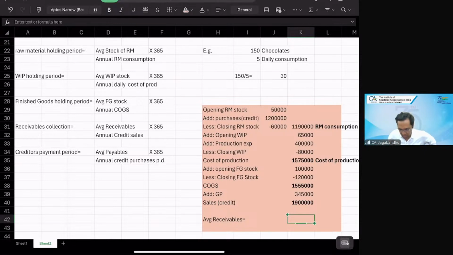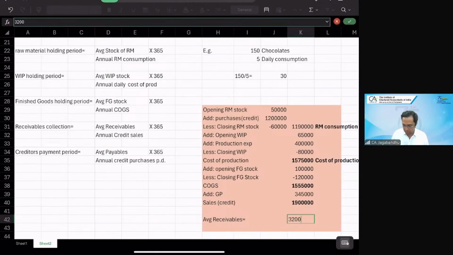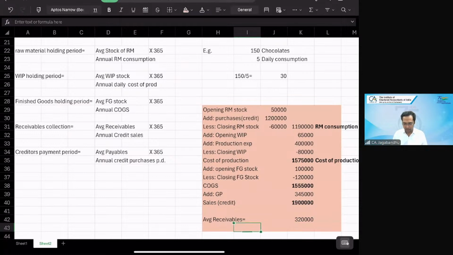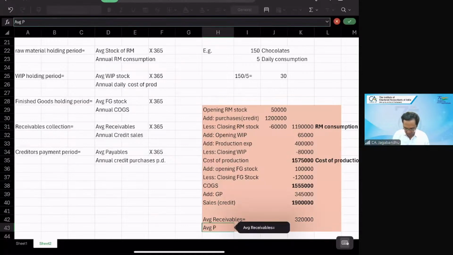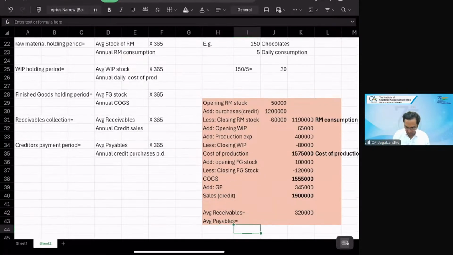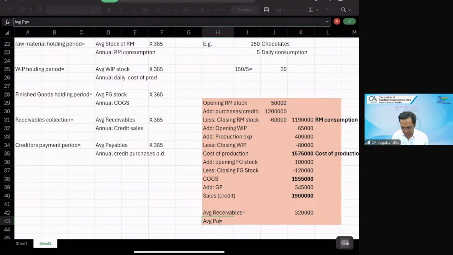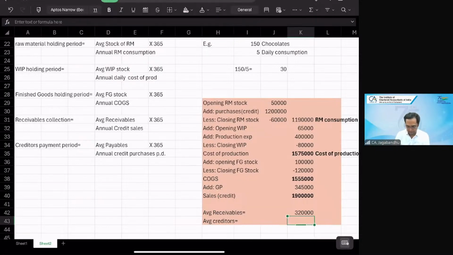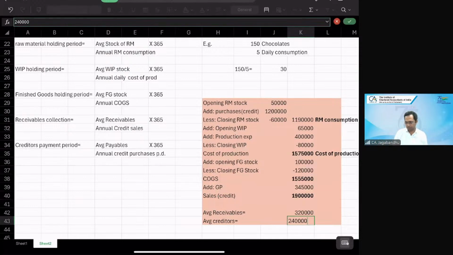Average receivables is going to be, let us say, 3,20,000, and I say that average payables, or we can say average creditors to be specific, average creditors is 2,40,000.